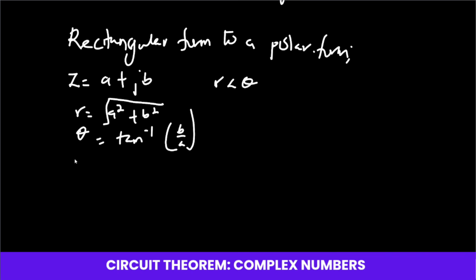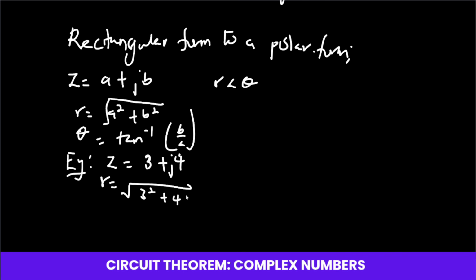Okay, so now an example is z is equal to 3 plus j4. Our magnitude is going to be r is equal to the square root of 3 squared plus 4 squared, which gives root of 25, and that is equal to 5.